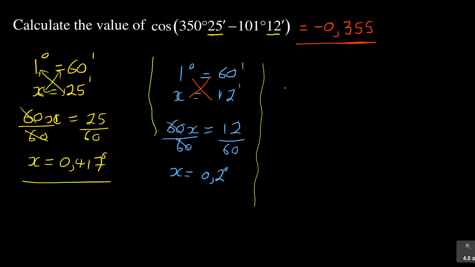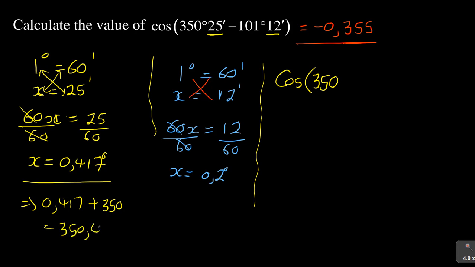Then you can now say cos 350. Now you see you have 0 comma, so it's like you are saying 0,417 plus 350. It will become 350,417.